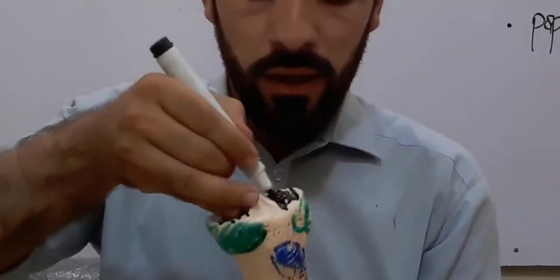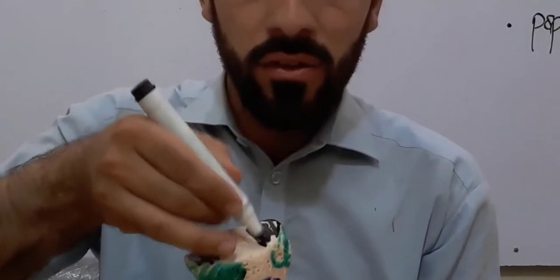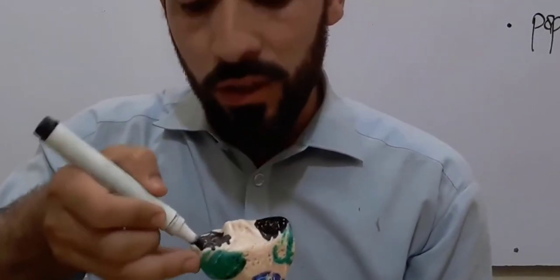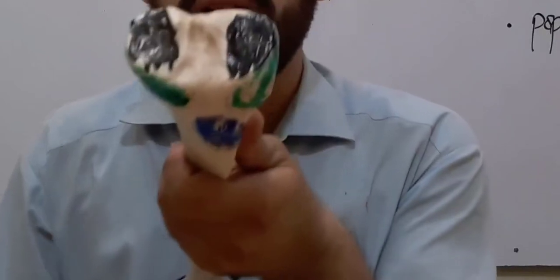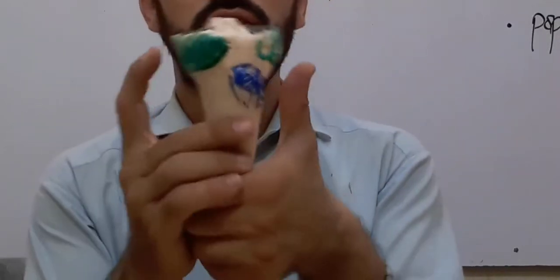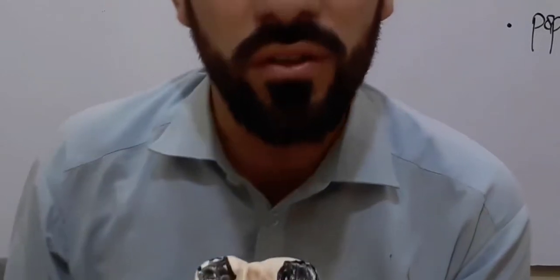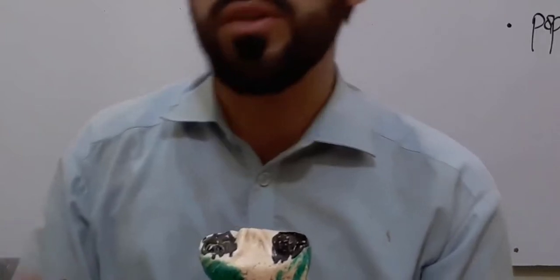The condyles of the femur bone will fit here and make the knee joint. So these are the two condyles, and these are the articular facets of these condyles. Next, there is an intercondylar area.